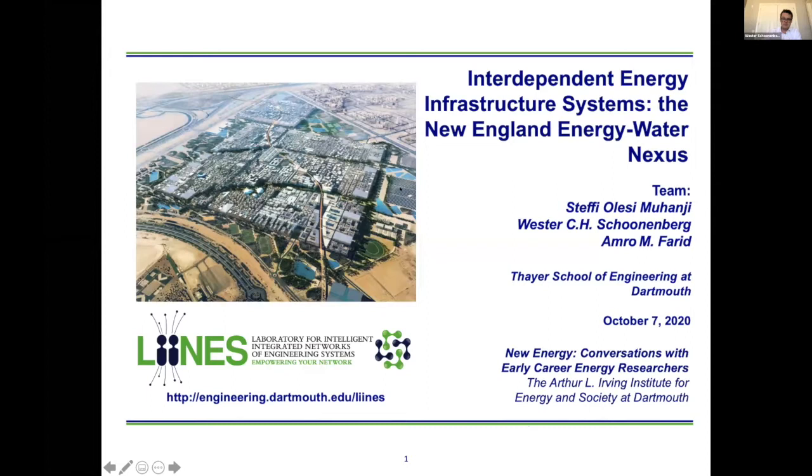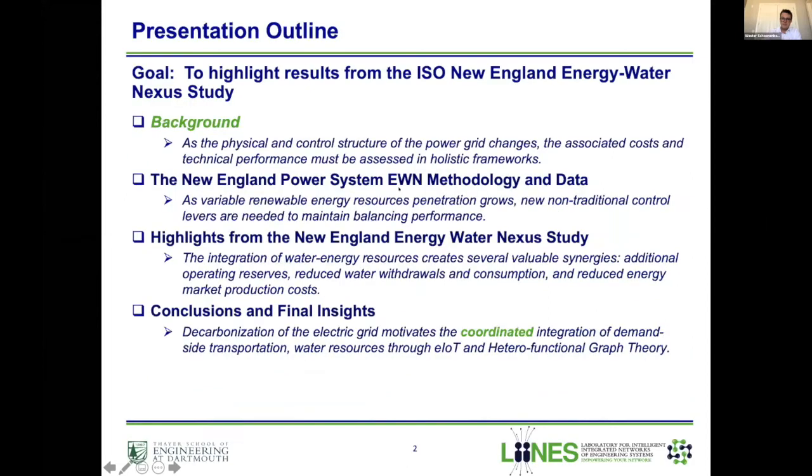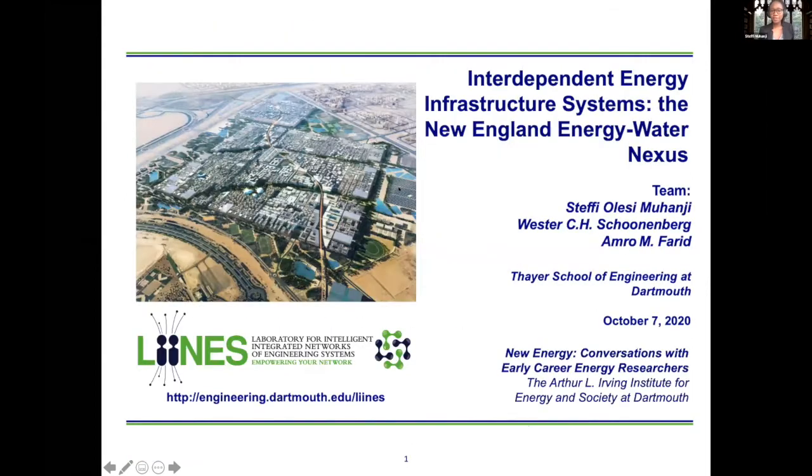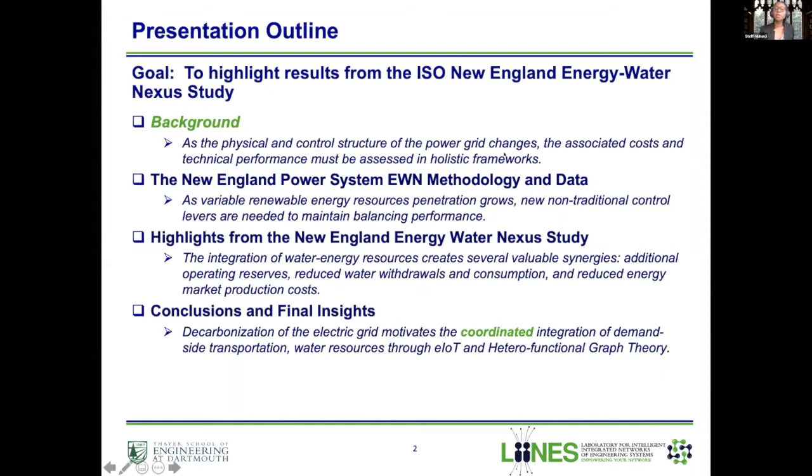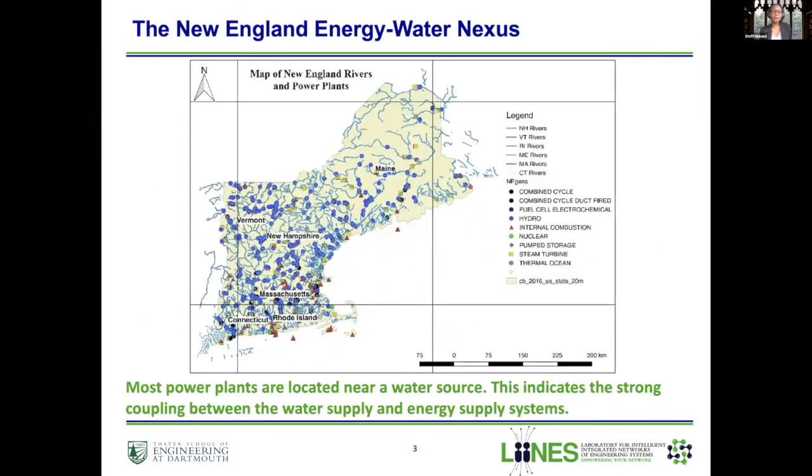Well, good. Okay, so I will be talking about the New England Energy Water Nexus, and the goal of this presentation is to give you a highlight of the results from the ISO New England Energy Water Nexus study that we conducted last year. As Esther mentioned, it's really important to start thinking about how to model interdependent systems.